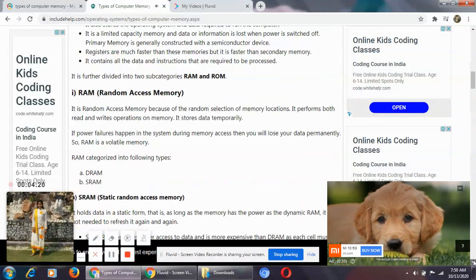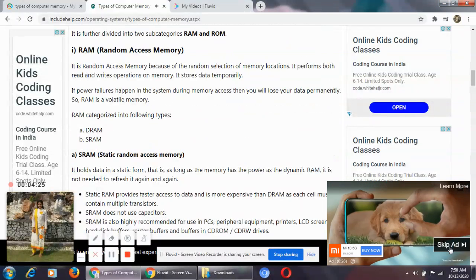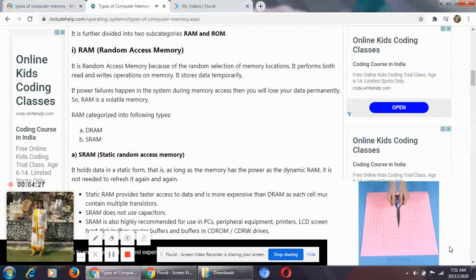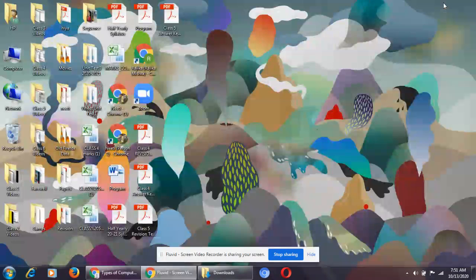Now, internal memory, as I told you, is divided into two parts, RAM and ROM. If you look in your book, it is also given. RAM stores the information temporarily and works like a blackboard that can be constantly overwritten with new data.